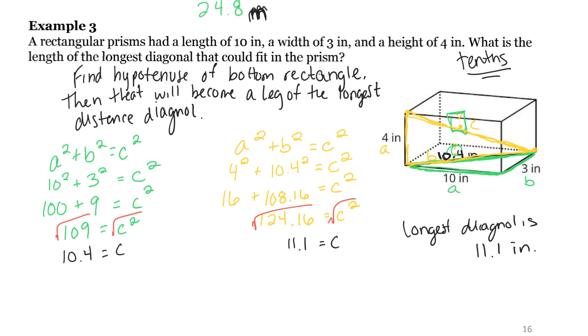And that's why we can't just find the diagonal of the bottom, because that's only 10.4. Whereas the diagonal from one corner all the way to the other corner is 11.1. Okay? So we have one more to go. The square pyramid. All right, so let's look at that next.